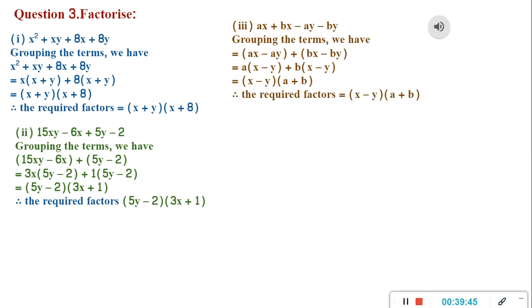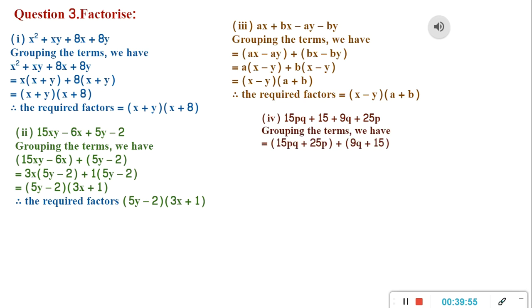Clear? Now the fourth one: 15pq plus 15 plus 9q plus 25p. Here by regrouping, we take 15pq and 25p together, because in 15 and 25, we know that 5 is common, and pq and p have p common. Same way, 9q and 15: 9 can be written as 3 into 3, and 15 as 3 into 5, so there also 3 is common.